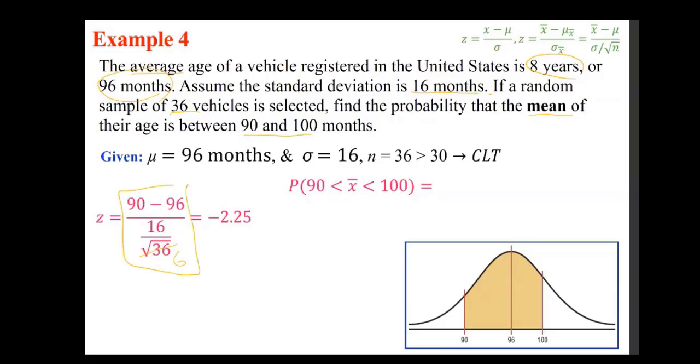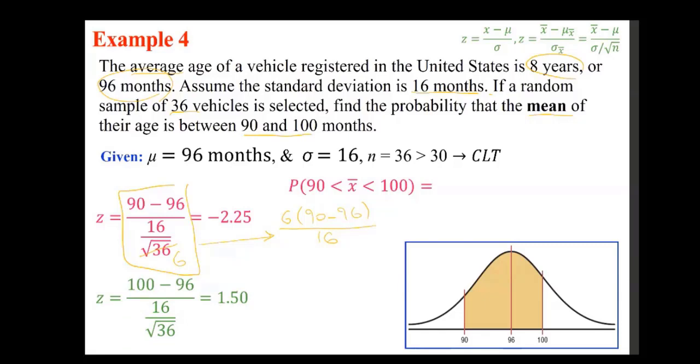This complex fraction becomes 6 times 90 minus 96 over 60, because you're dealing with a complex fraction. In case, I wanted to remind you about what we have learned in basic algebra. So a complex fraction becomes a simple fraction. You do the math, you end up with negative 2.25. We do exactly the same thing with the next one, number 100. We go through the process and we end up with 1.5.